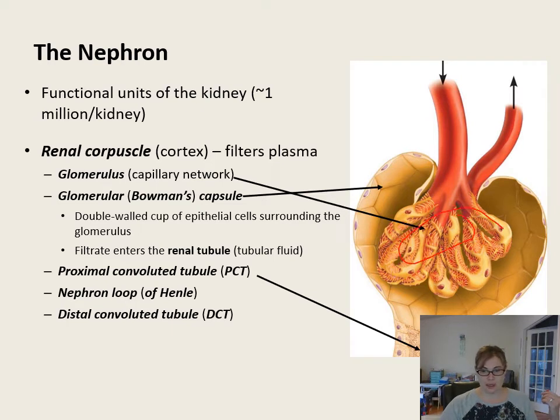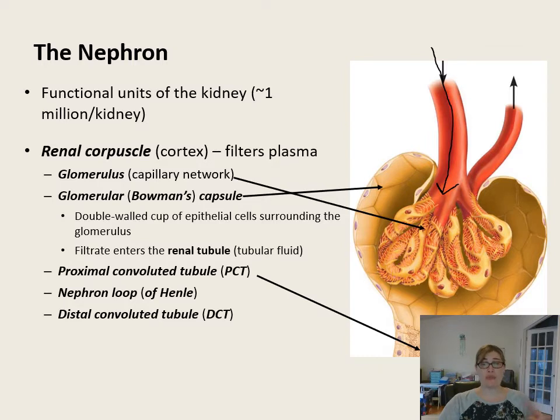So this whole area in here, there's a filtration thing going on. All right. Okay. So this whole structure that you're looking at is a filter. And what we have up here is a blood vessel called the afferent arteriole that is bringing blood into each individual nephron.